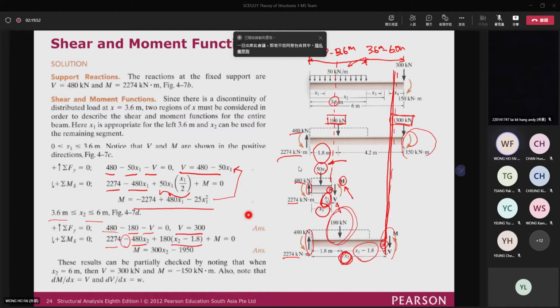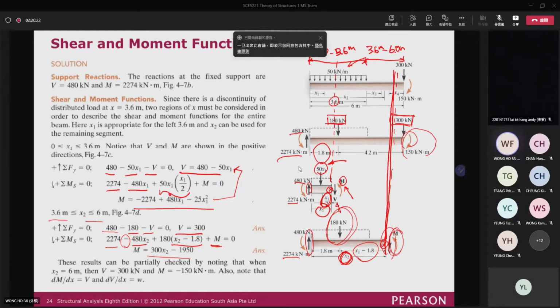And then don't forget your internal moment, which is equal to M. So you will have all the shear force and the moment written here. And then you can find that the moment is equal to 300x minus 1950. If you differentiate this value again, then you will get V is equal to 300, okay?